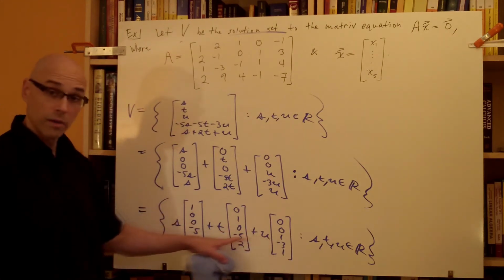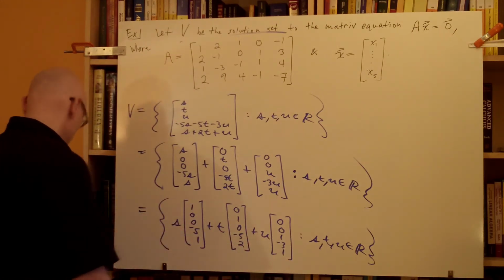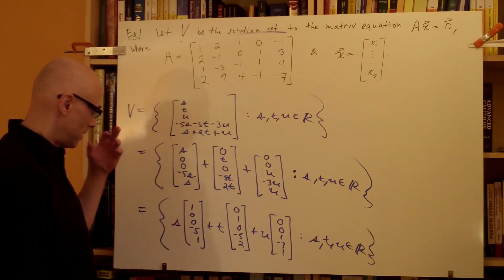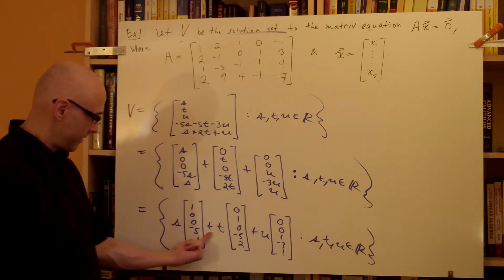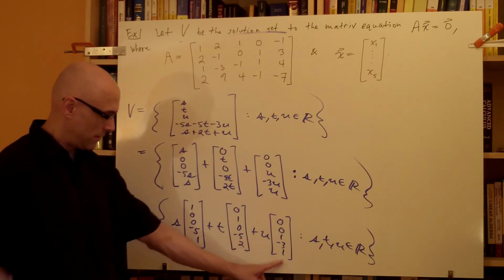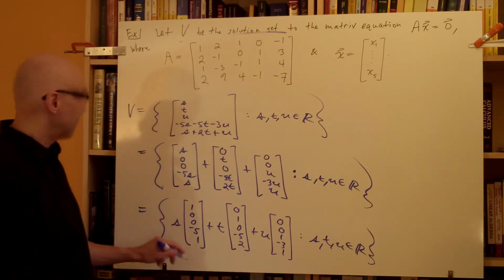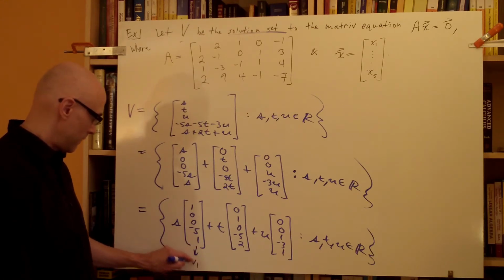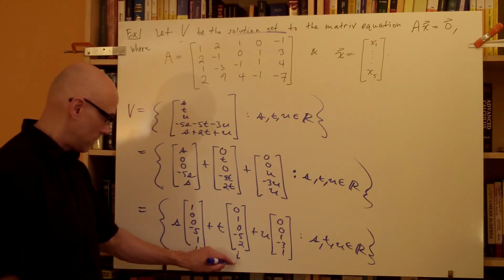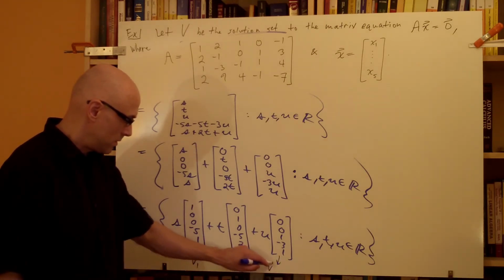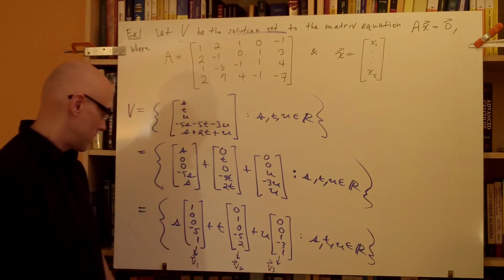What we have here is linear combinations of these three vectors. Let's call this guy v1, we'll call this guy v2, v3.